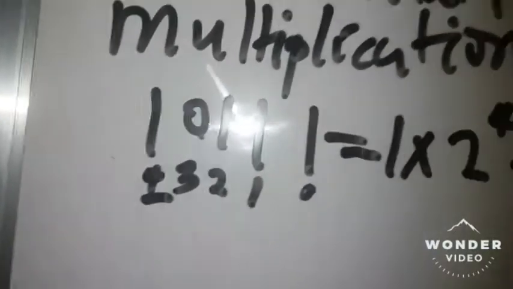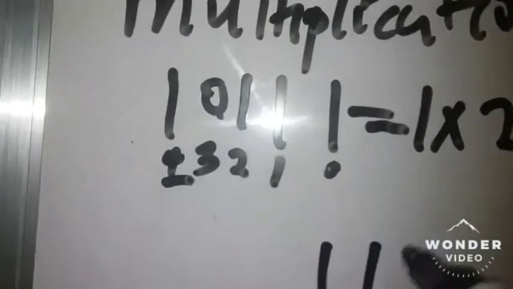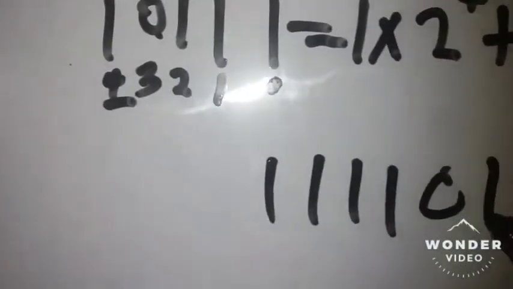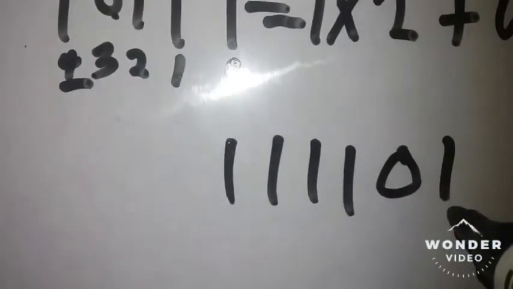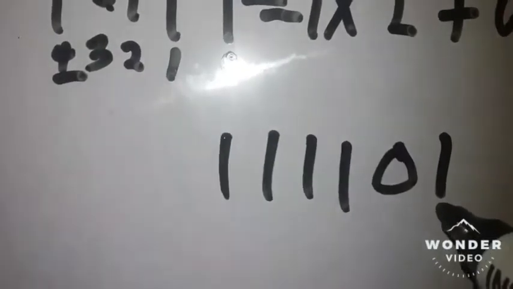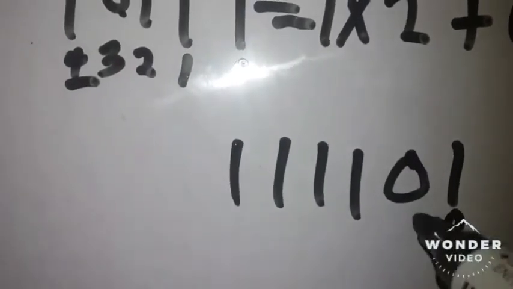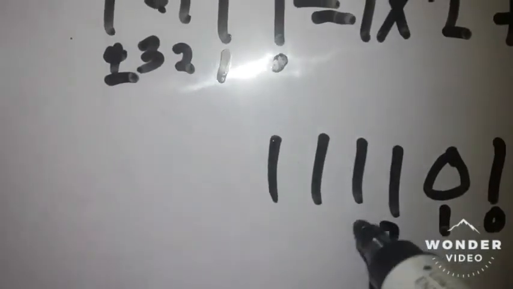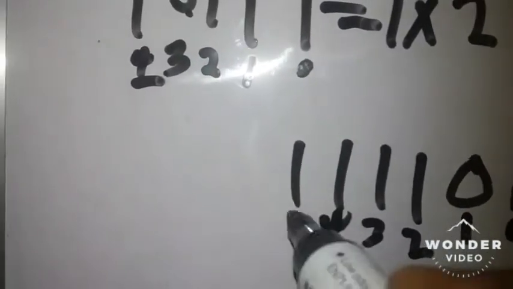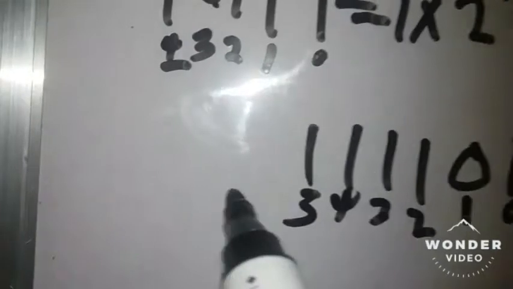Just any number, even if you are given 111101, you start from the beginning at the back. The last digit's position is 0. The next is 1. The next is 2, 3, 4, 5. That's the position of the figure. That's what I've done here.